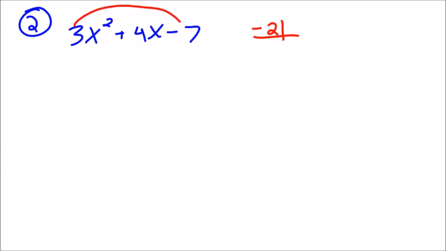So now I'm going to list out all the factors of negative 21. So we got 1, negative 21, negative 1, positive 21. There's 3, negative 7, and negative 3, positive 7. And those are all the factors for negative 21.